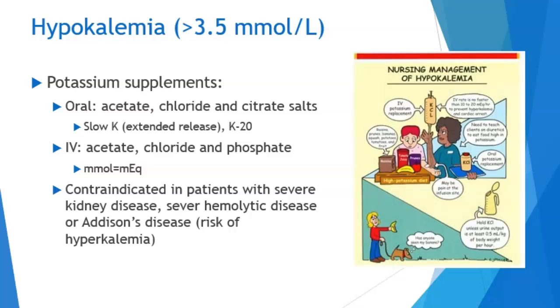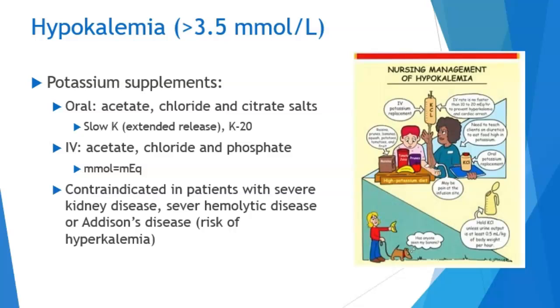If we are giving IV potassium, we have to give it fairly slowly, because if we raise it too high, we're going to cause problems. So the rule is that if we're using IV potassium, we can only infuse 10 millimoles an hour. So we don't want to run it higher than 10 millimoles per hour, and that's to prevent a hyperkalemia and a cardiac arrest.